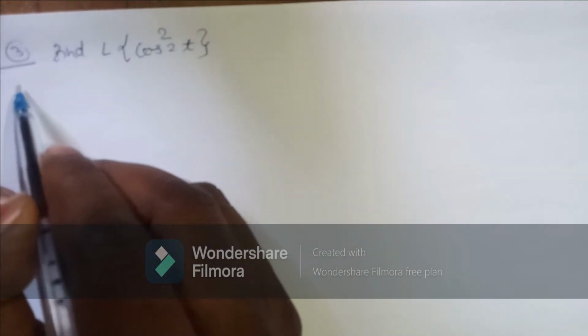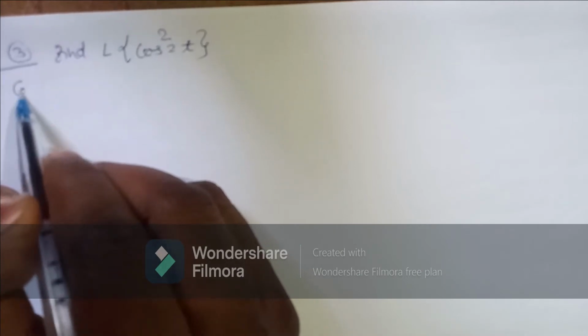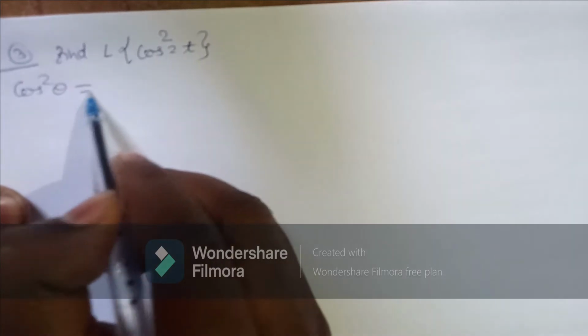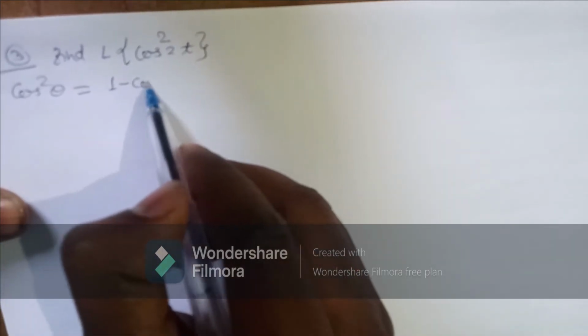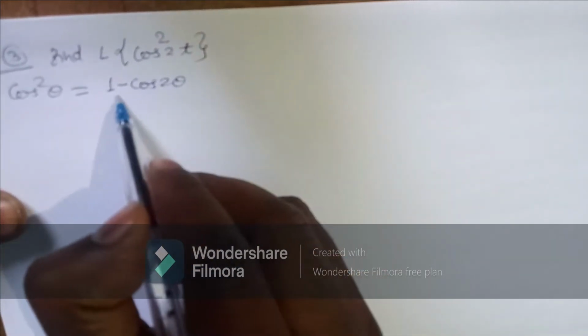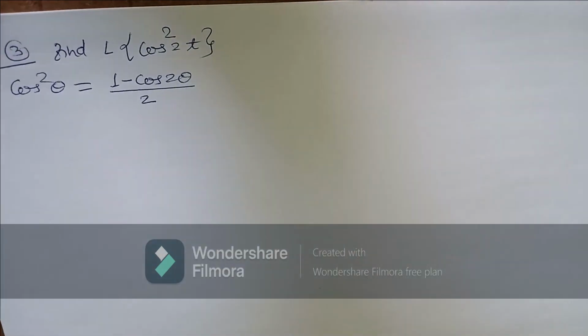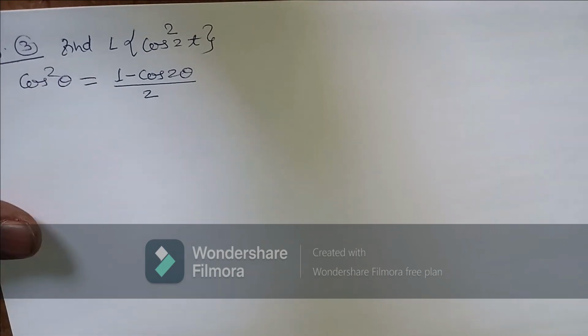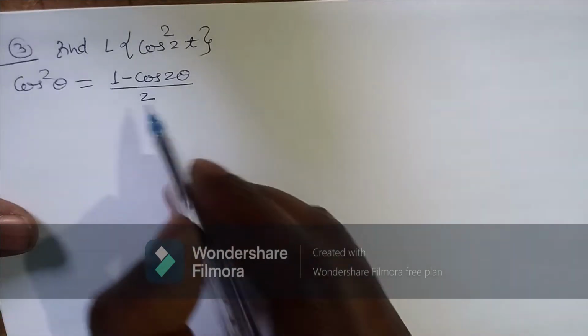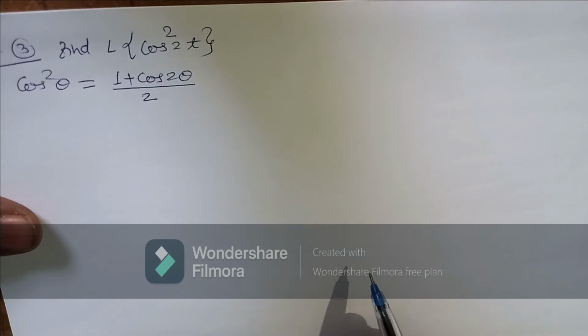Okay, so for that you should remember one formula, that is cos square theta is equal to 1 plus cos 2 theta divided by 2.